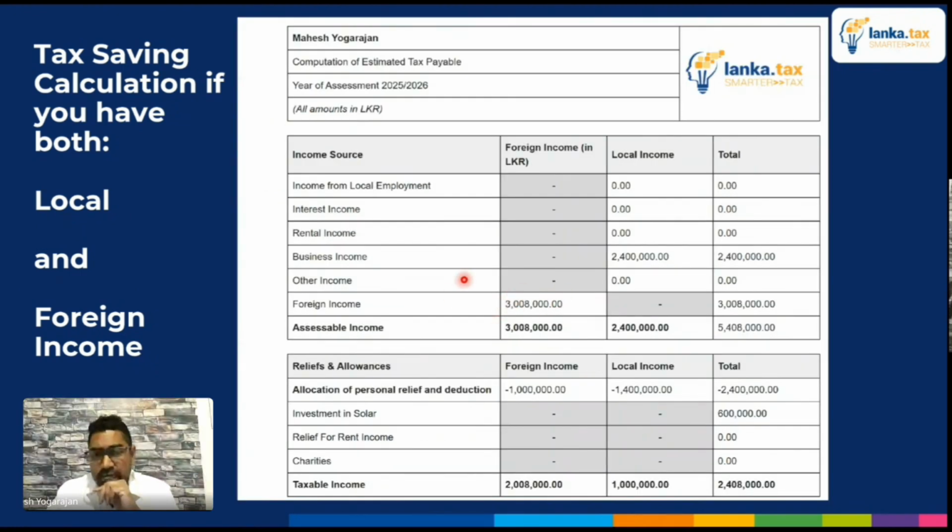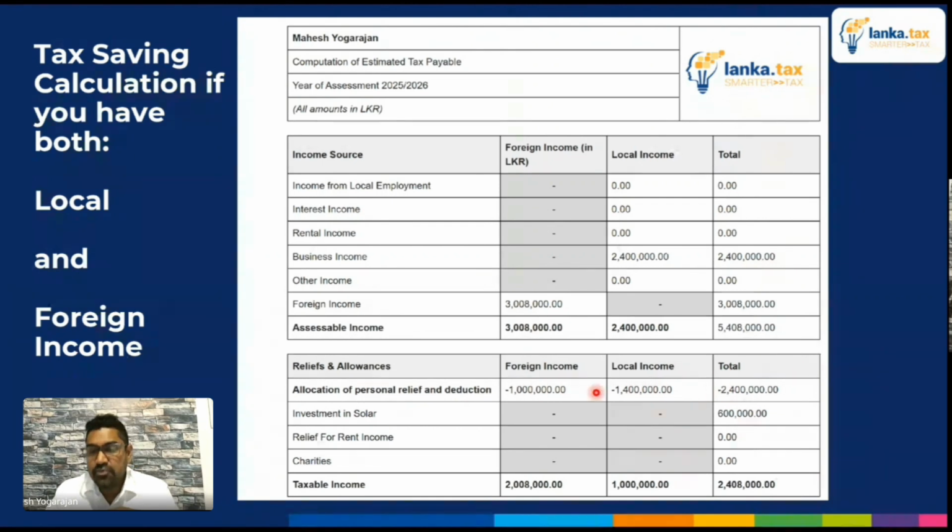So remember, after deducting my expenses, I had only 3 million rupees. I earned $12,000, which should have been 3.6, but I saved $2,000 there. It's only 3 million. My side gig made 2.4 million. And you remember that 1.8 we were talking about? Because I invested in solar, it went to 2.4, and that 2.4 total you can see here.